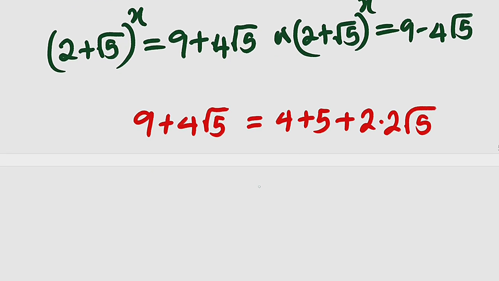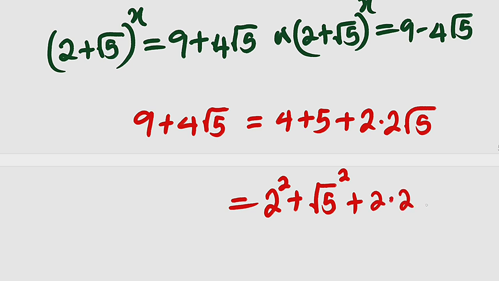And I know that this 4 can be expressed as 2 squared, and this can be expressed as square root of 5 squared. The square will cancel the square root, so we get this back, plus 2 multiplied by 2 multiplied by root 5.